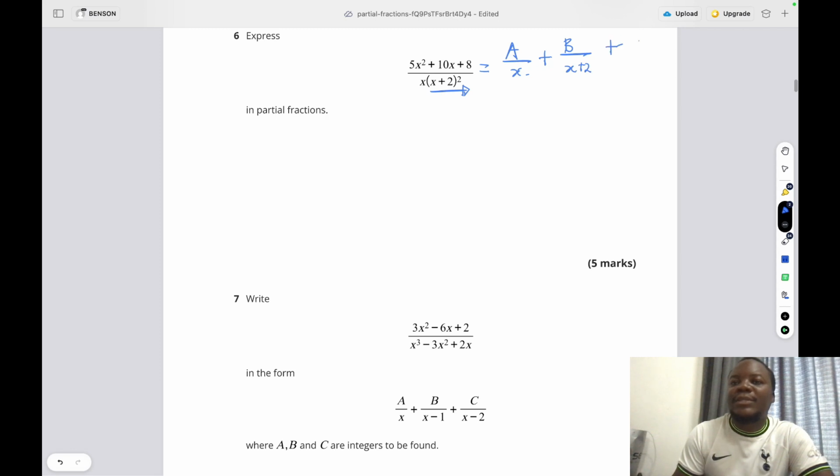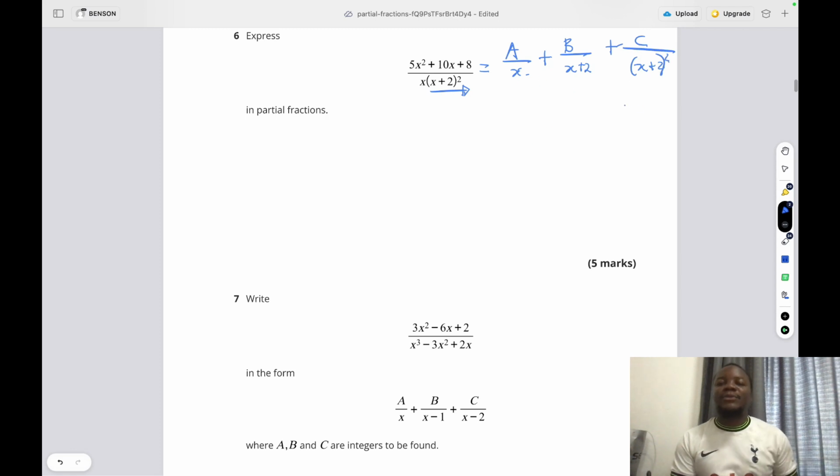Then the third one, which is c, is going to be over x plus 2 squared. So we have that there.